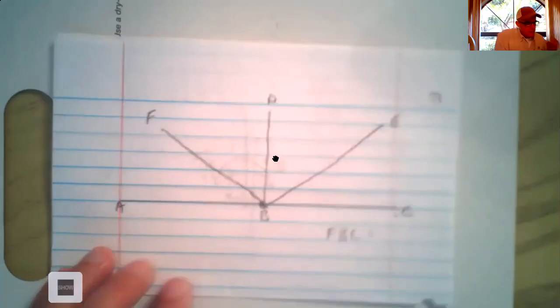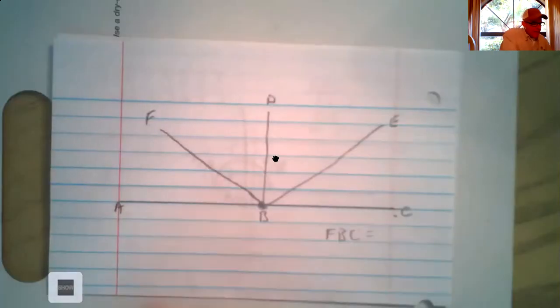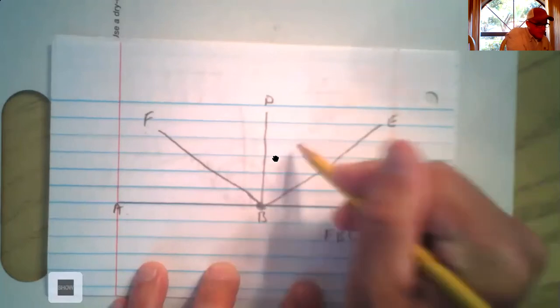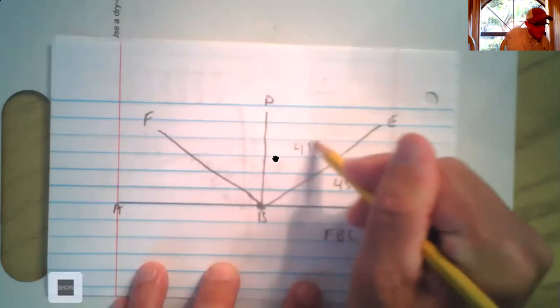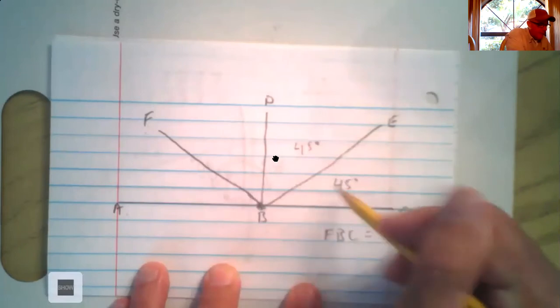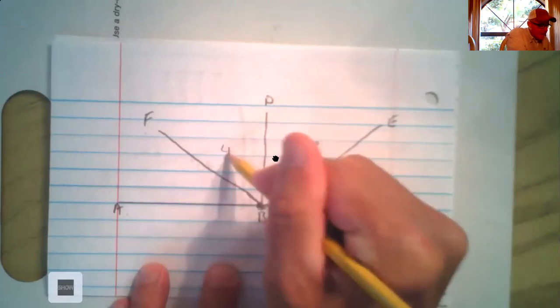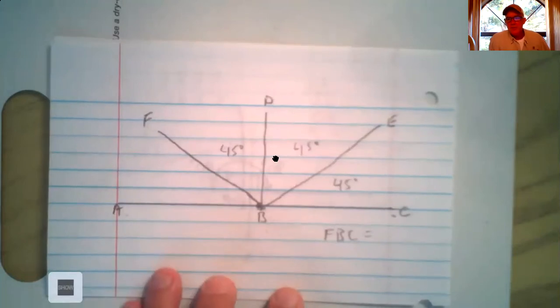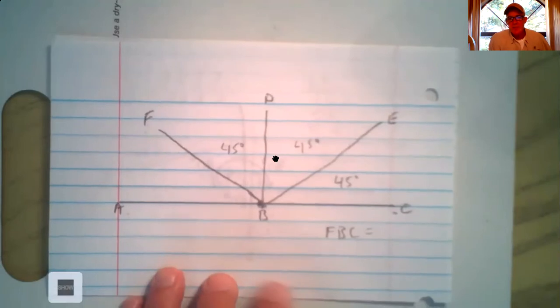FBC. Well, I know that this is 45 degrees. This is 45 degrees. Now we're up to our 90. Then this is another 45 degrees. What is 45 times 3, or 45 plus 45 plus 45?